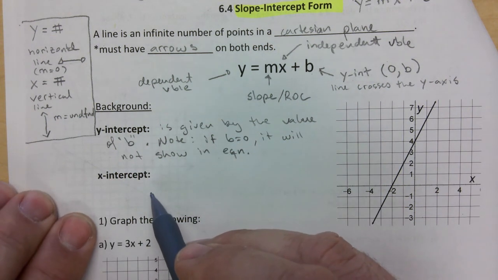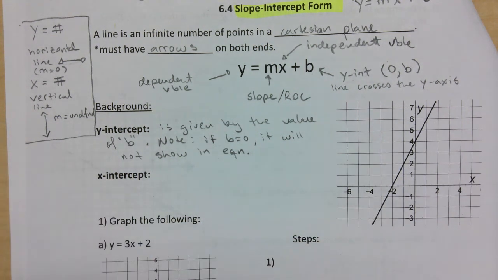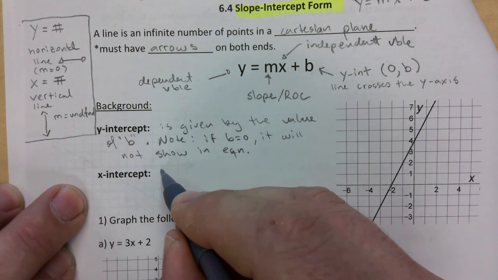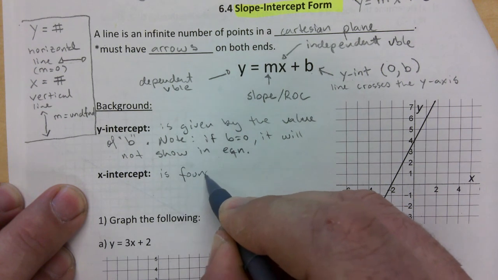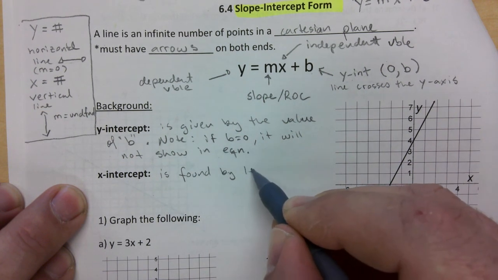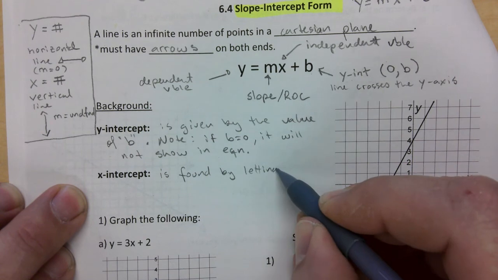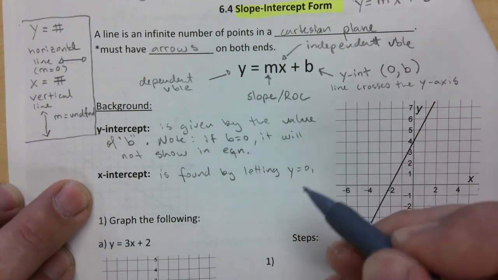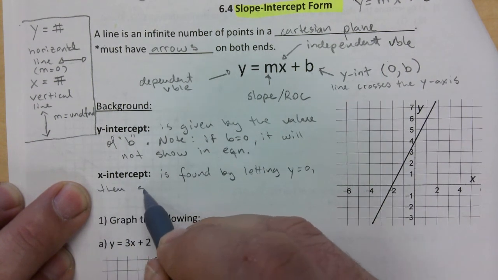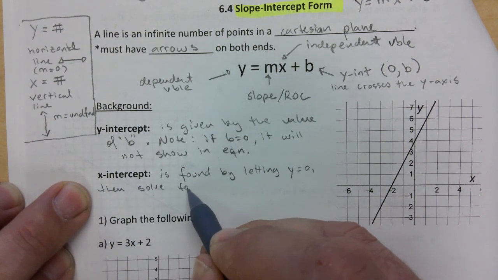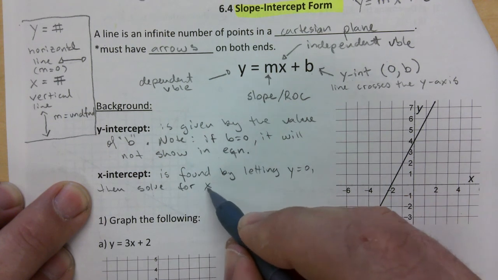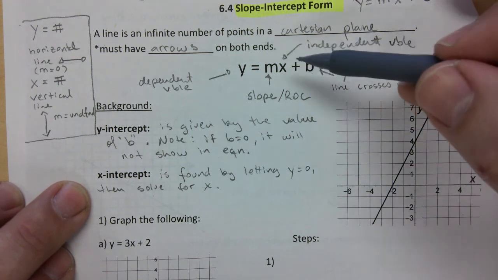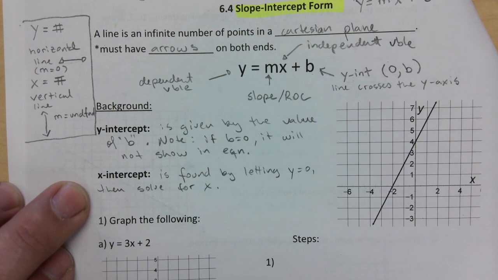The x-intercept is found by letting y equal to 0, and then solving for x. So the x-intercept is not given to you by this, okay?